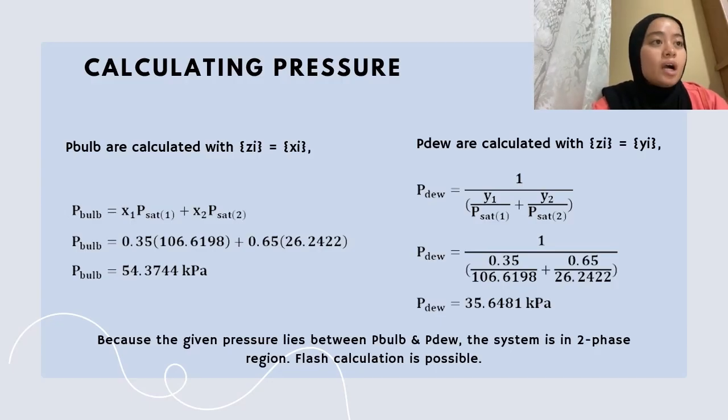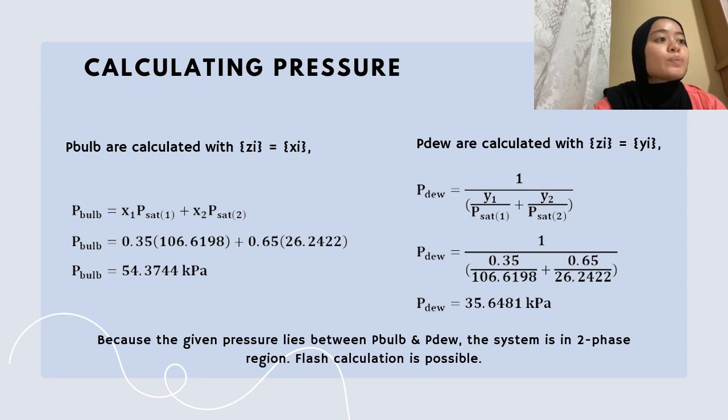Now we will be calculating the bubble pressure and also the dew pressure to detect whether the pressure that we assumed is suitable for flash calculation or not. The bubble pressure is calculated by relating to the liquid phase composition. The equation is X1 P_sat1 for methanol plus X2 P_sat2 for water, resulting in 54.3744 kPa.